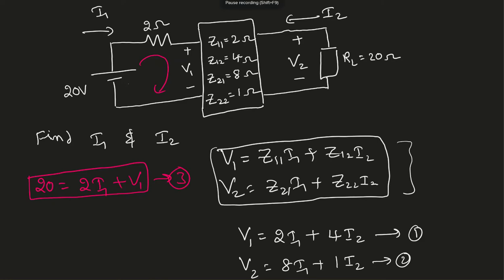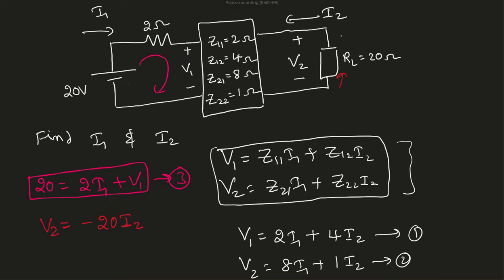The fourth equation is, see, I2 current is entering here, and that's a voltage drop, but you have V2 as positive there. So can I take V2 equal to minus 20 times I2? That's a resistive load, and resistive loads always consume energy.